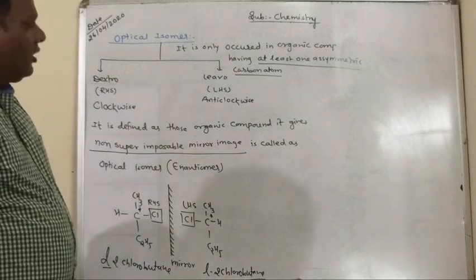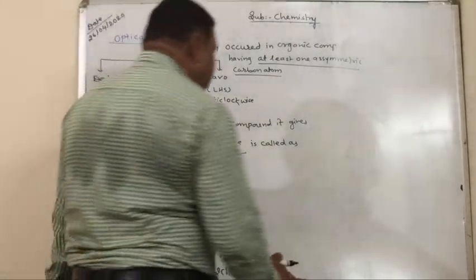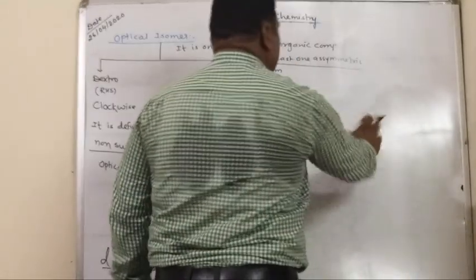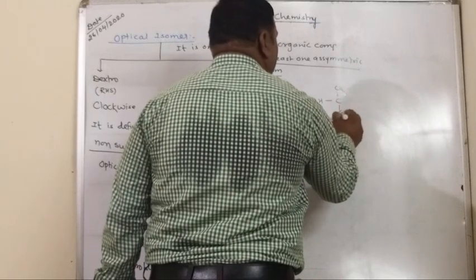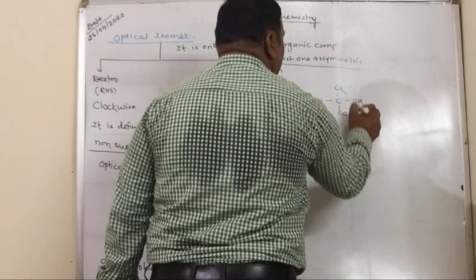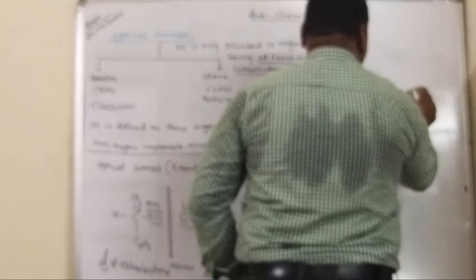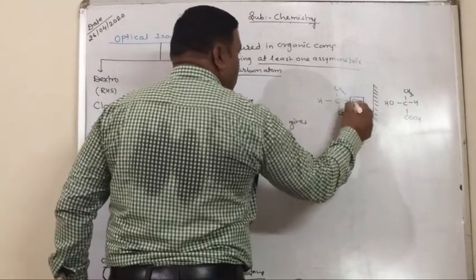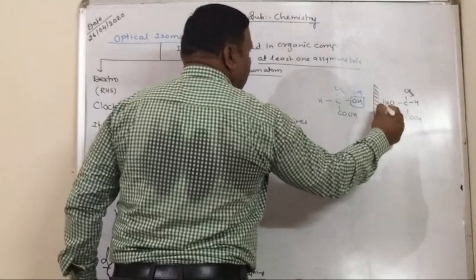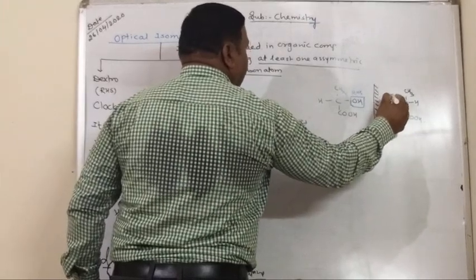Understood? Same thing for the lactic acid. Listen carefully. Same thing for lactic acid. Now in the lactic acid, here the OH group is placed at right hand side and here is placed at left hand side.